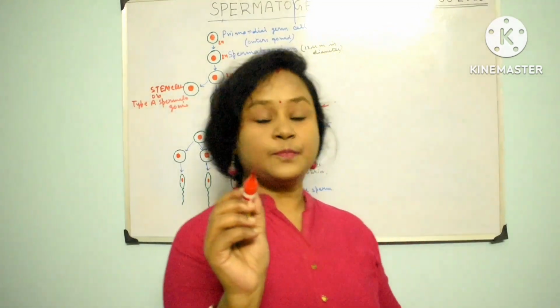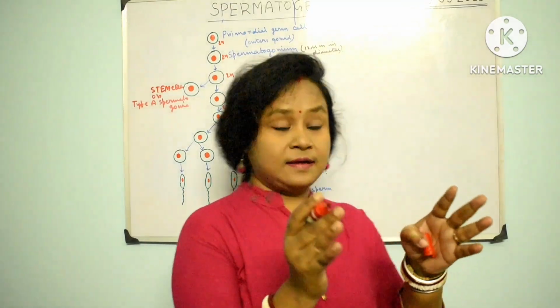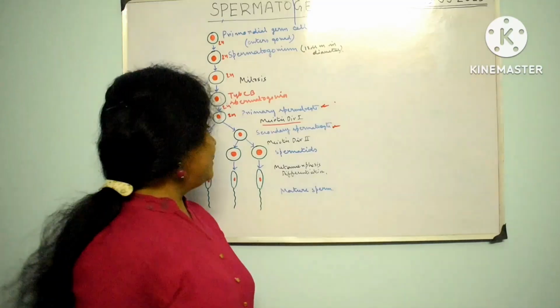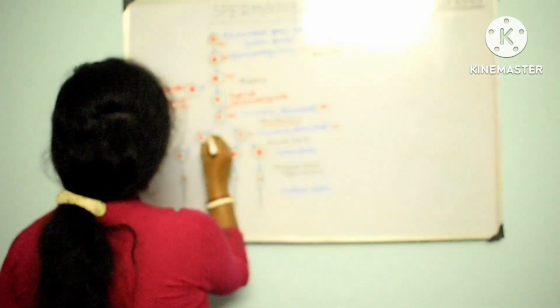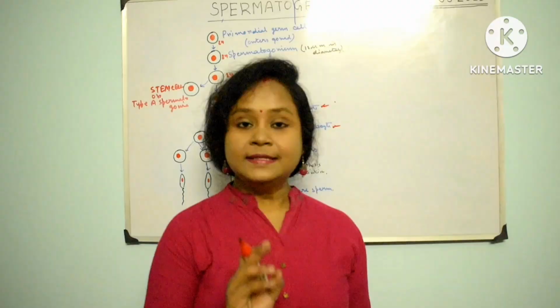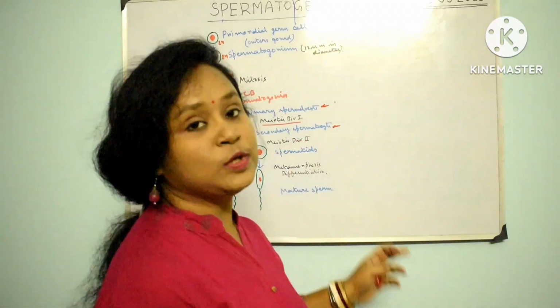The daughter cells produced at the end of meiosis 1 are smaller and termed secondary spermatocytes. They are haploid, and the chromosome number is 23. The secondary spermatocyte undergoes meiotic division 2.